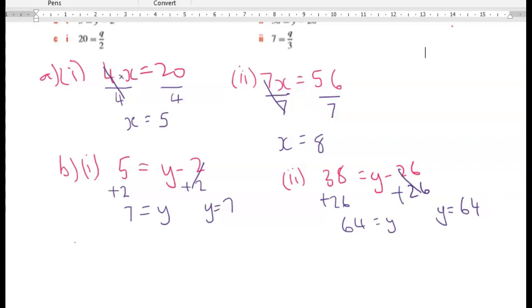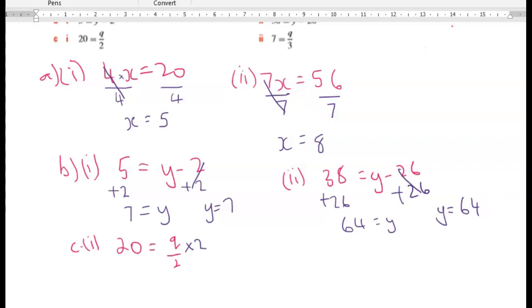So C part I, we've got 20 equals q over 2. Now, remember in A we had multiply. Here we've got divide. So we already know that the opposite sign to divide is to multiply. So we've got q divided by 2. So to get rid of that 2, we multiply by 2.